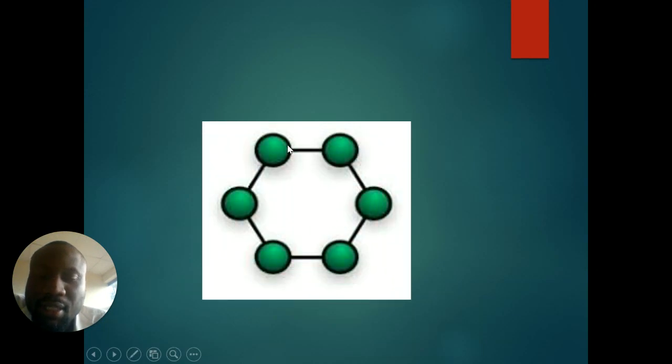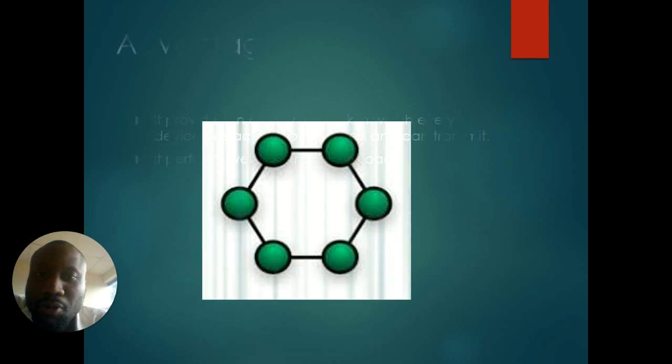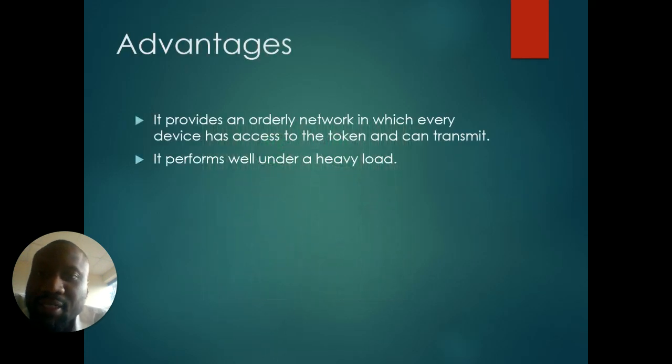So this is an illustration of the ring topology. As you can see, they form something like a circle, hence the name ring topology. Advantages: it provides an orderly network in which every device has access to the token and can transmit.